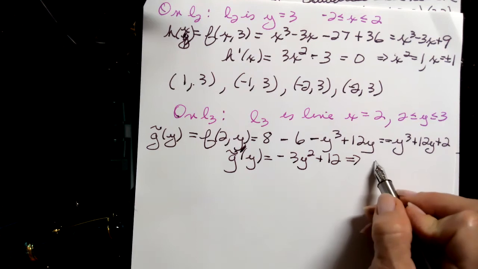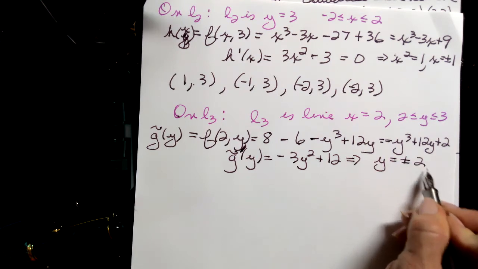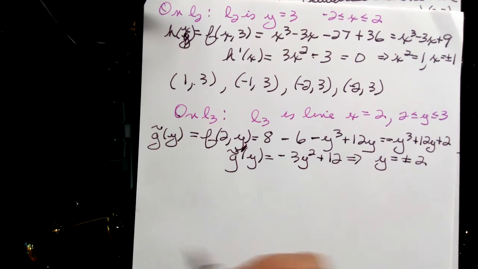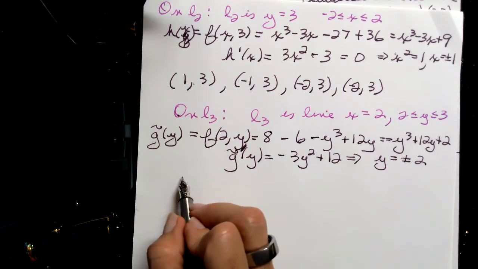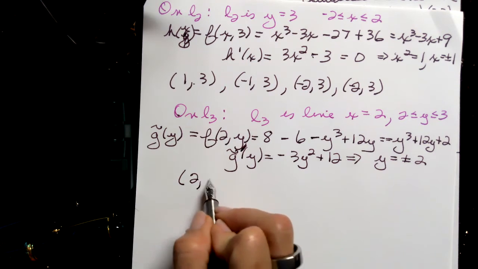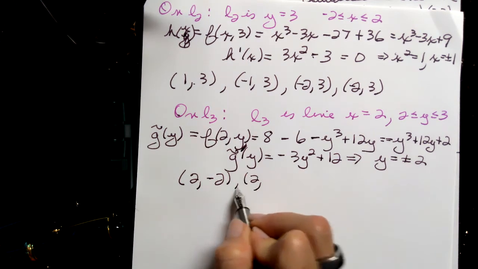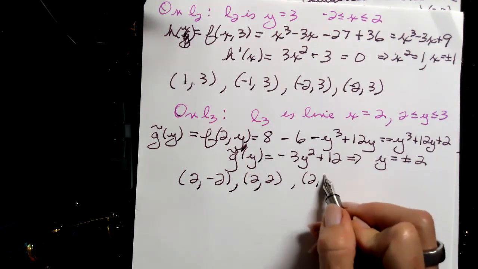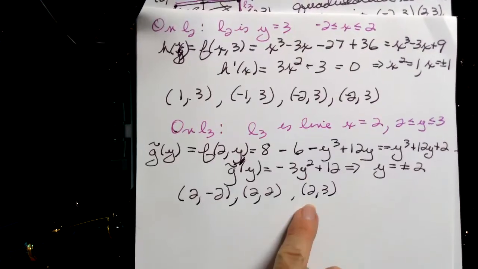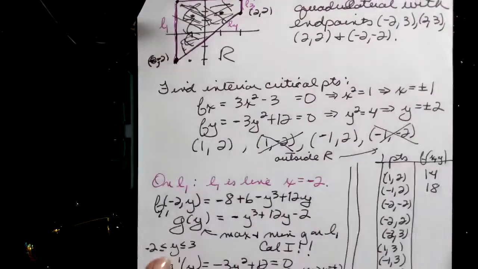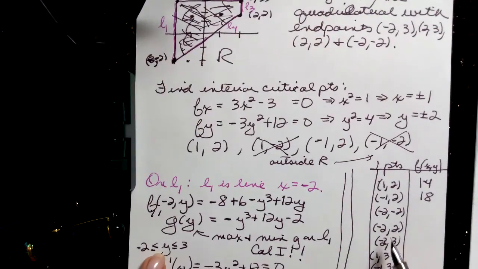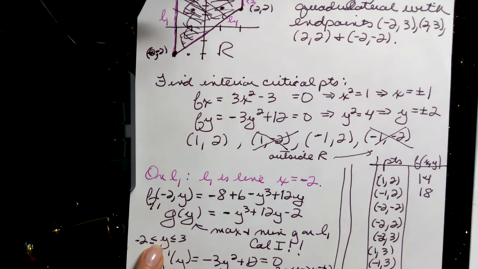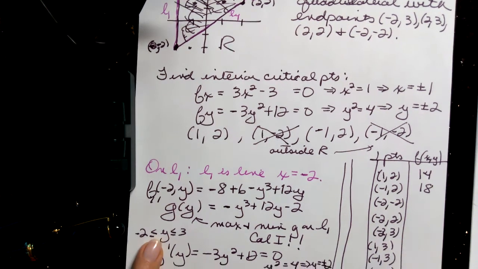We've seen this a couple of times before. That gives me y squared is 4, so y is plus or minus 2. So my points from this one are (2, -2) and (2, 2), and the endpoints, which were (2, 3) and (2, 2). And (2, 2) we got before. So let's go back to our list and add in those points: (2, -2), (2, 2), and (2, 3).